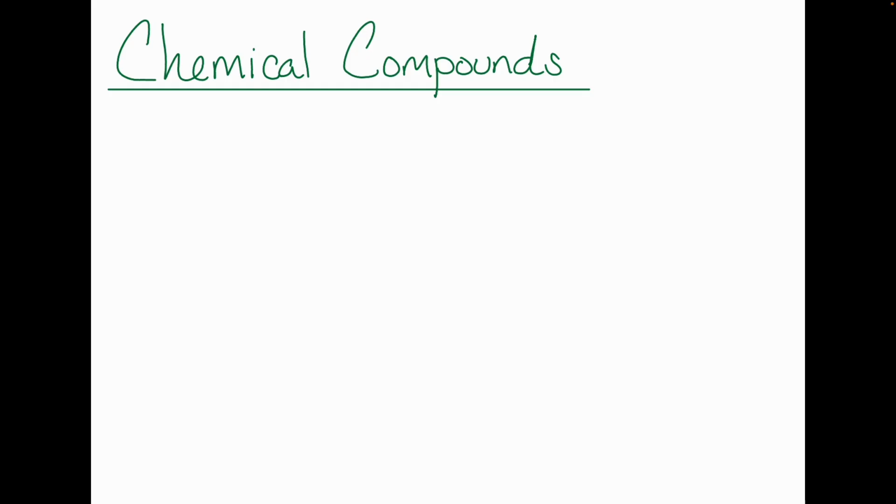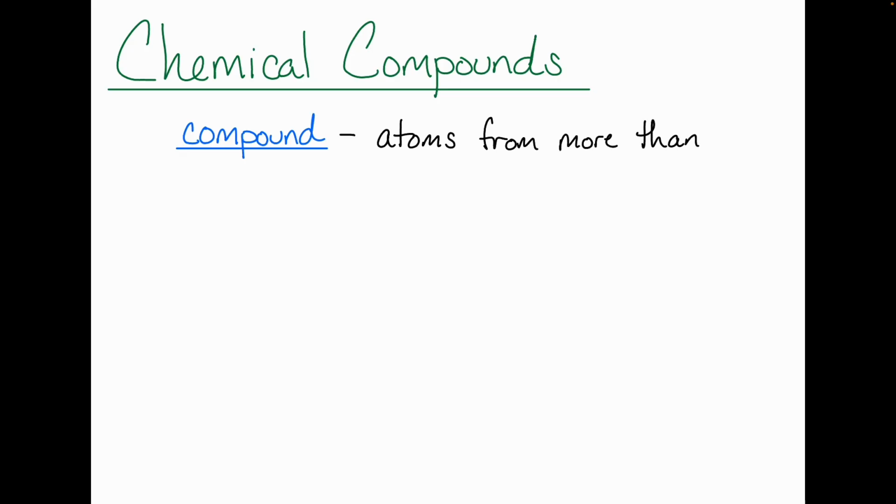All right, now we're going to start taking those elements and mixing and matching them together to create chemical compounds. So when we say a compound, that means that we have atoms from more than one element bonded together.